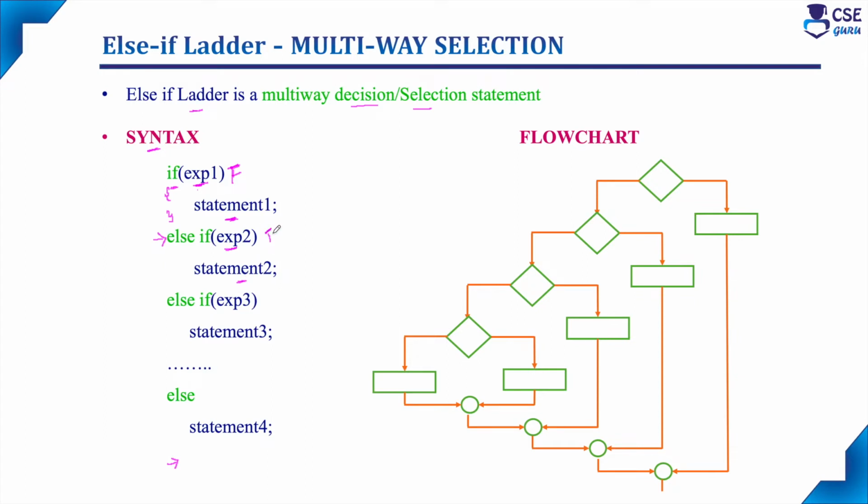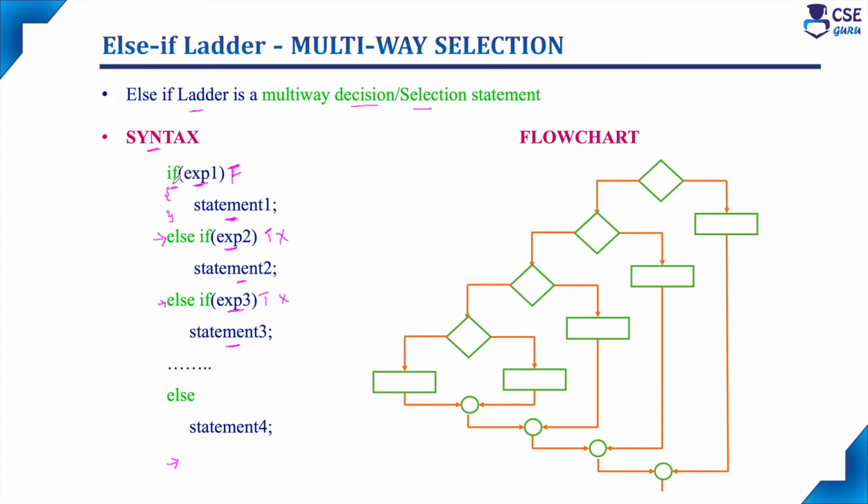Suppose this also fails, control will transfer to the next else if part, and here it will check condition 3, that is expression 3. If this condition is true, it will execute statement 3. Suppose this condition also fails, it will go to the next else if part. Likewise, we can specify any number of else if conditions in a program.